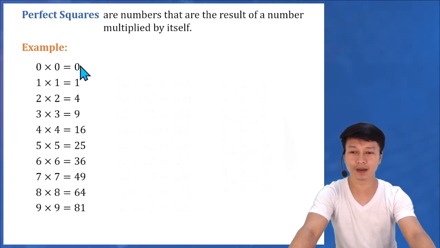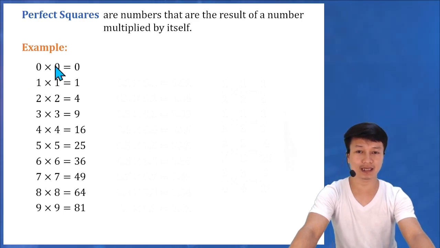So all of these numbers, 0, 1, 4, 9, 16, 25, 36, 49, 64, 81, are examples of perfect square numbers. And the concept of this can also be applied in decimals.